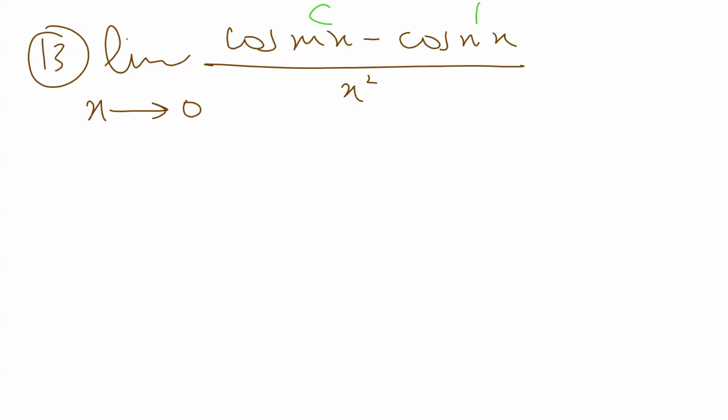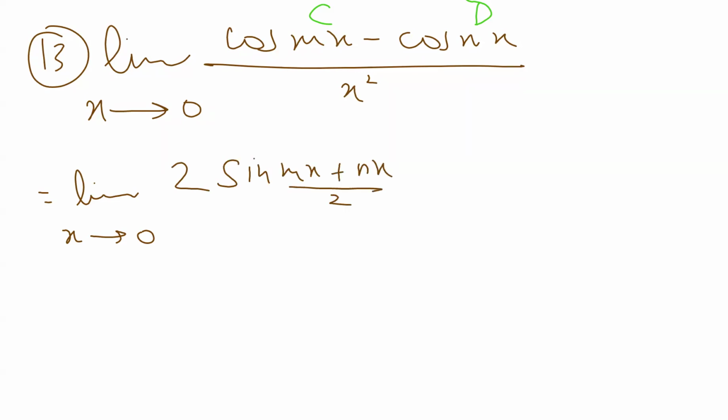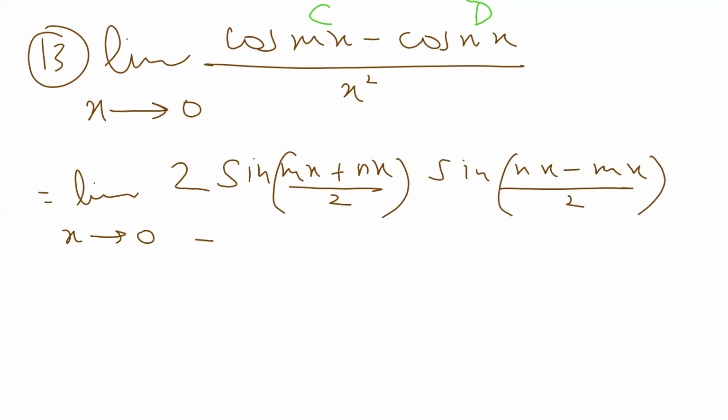Does anyone remember what is cos c minus cos d? Cos C plus D by 2, cos C minus D by 2. 2 sine c plus d by 2, sine d minus c by 2, upon x square.